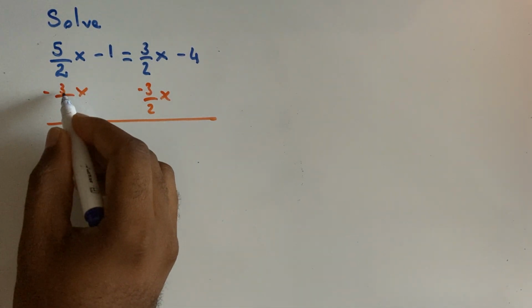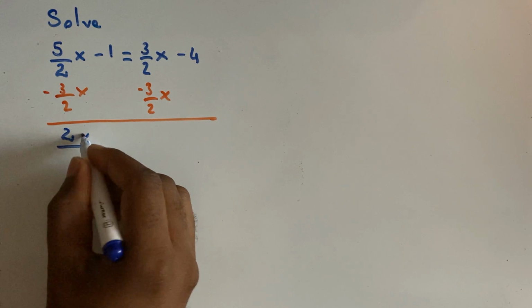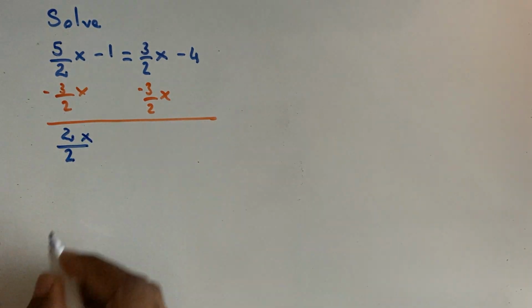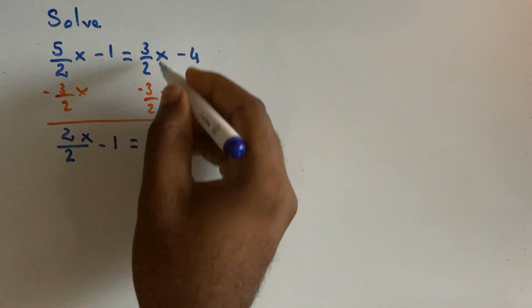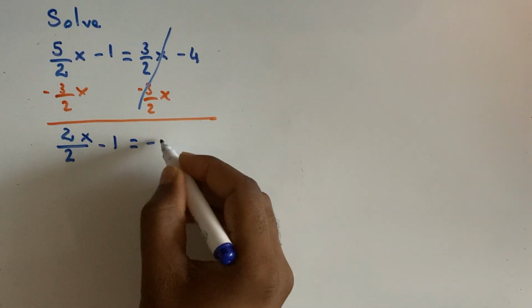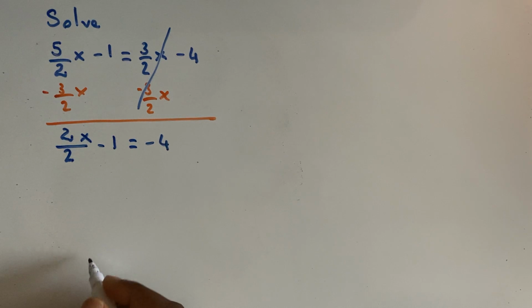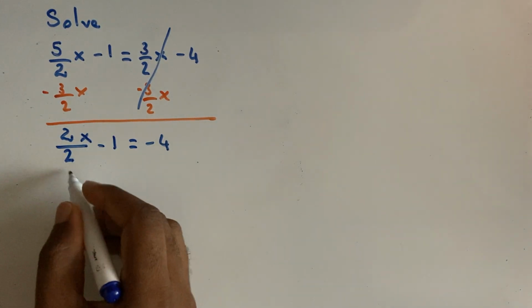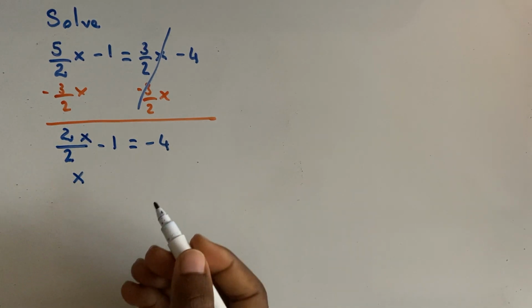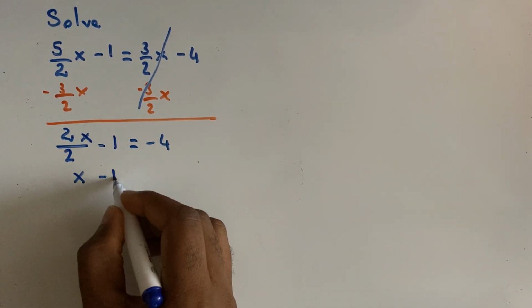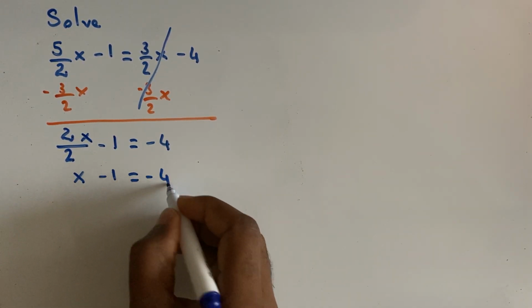So 2x over 2, minus 1 equals, now this is canceled out, equals negative 4. Then 2 divided by 2, you know that's 1. So it's just x, minus 1 equals negative 4.